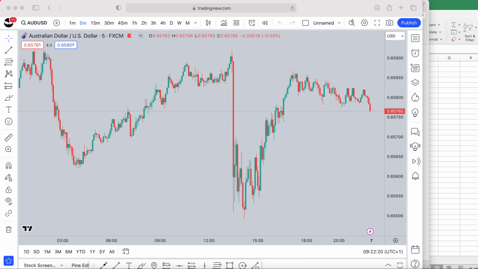Because some of the big problems that traders have is that they backtest and then their live results do not reflect it. And the reason why their live results are not reflective of their backtested results is because their backtesting is probably not done correctly. So I'm going to show you from the ground up how you can backtest a strategy with maximum efficiency.